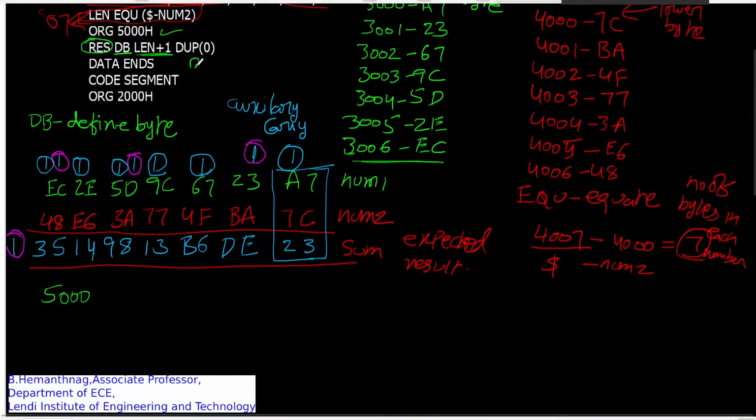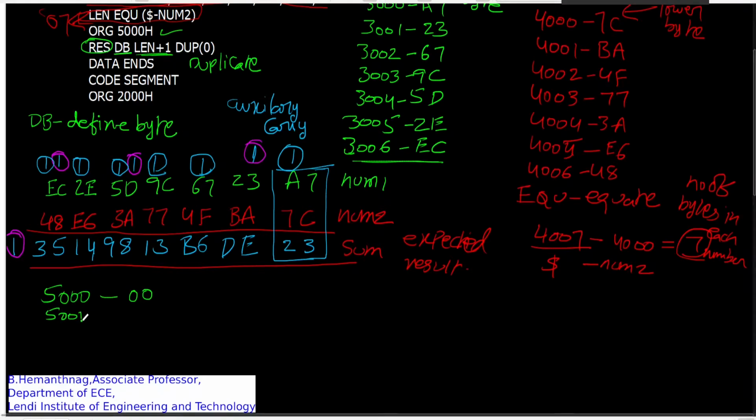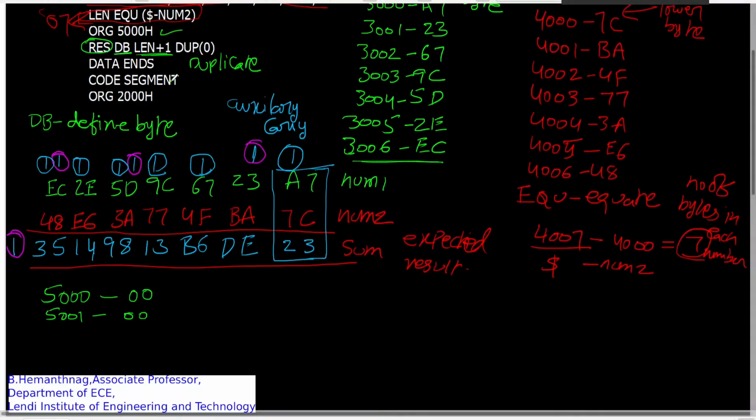DUP stands for duplicate. In another sense, I am taking 5000 with the value 0, 5001 also 0. I am going to do this len plus 1 times, for the locations from offset 5000, those many bytes as zeros.